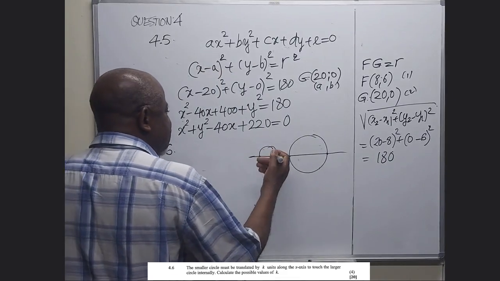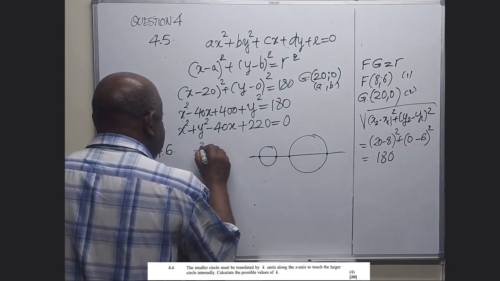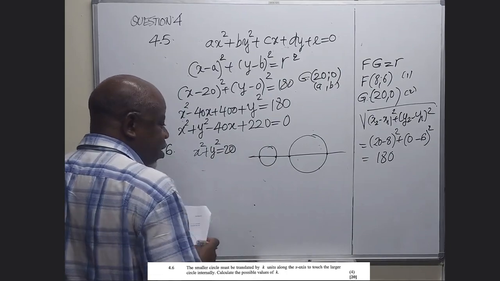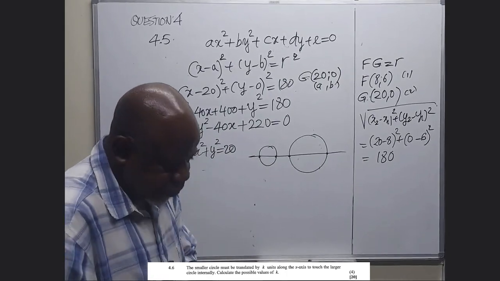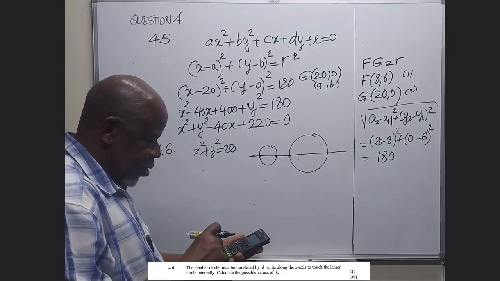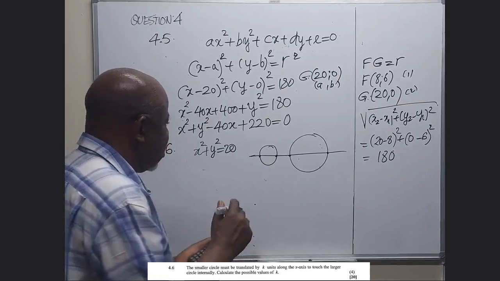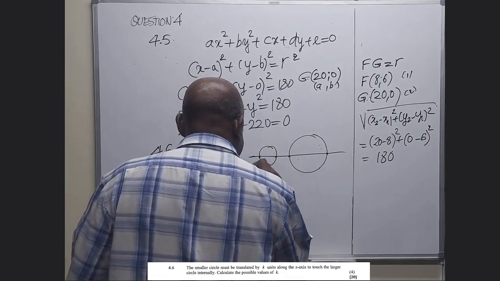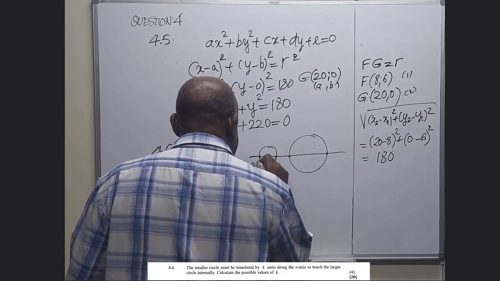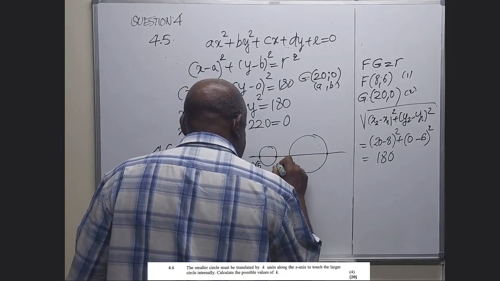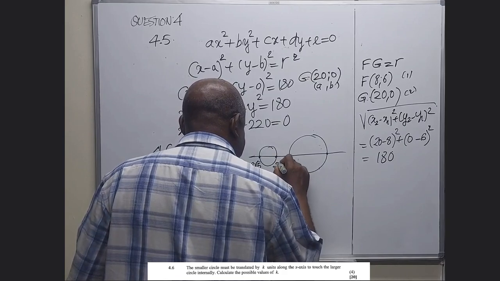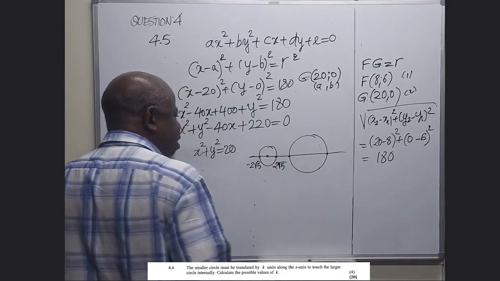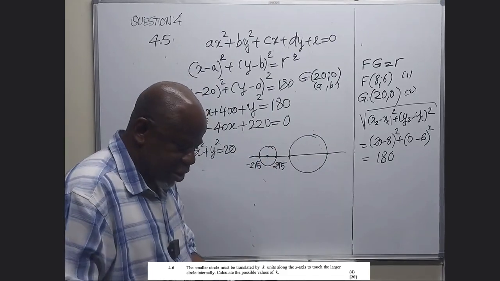For the smaller one, it's easy because we know the equation is x squared plus y squared is equal to 20. The square root of 20 is 2 square root of 5. So we'll have here minus 2 square root of 5, and the other side will be 2 square root of 5. These are the 2 points.